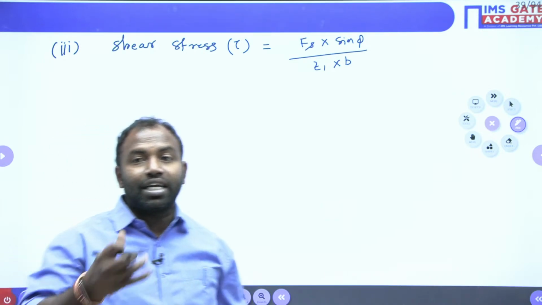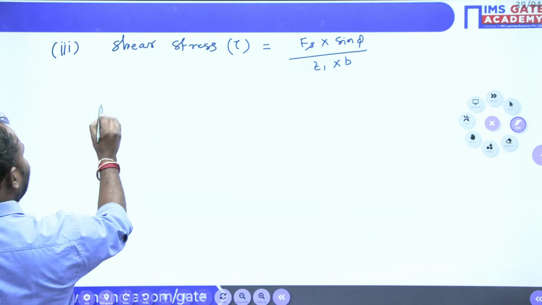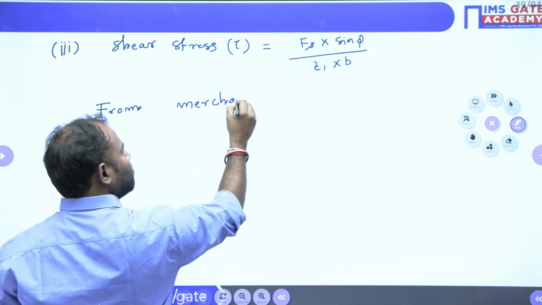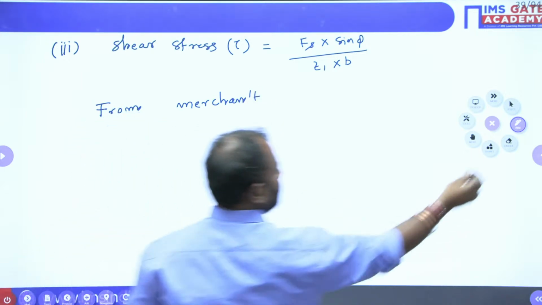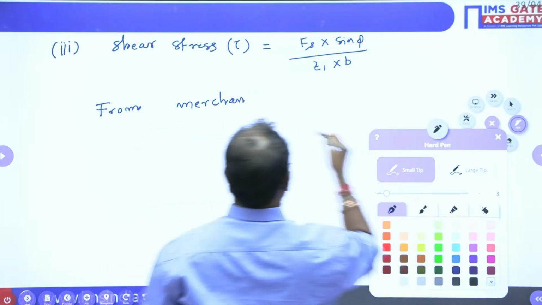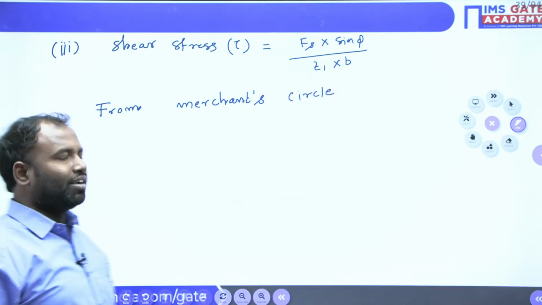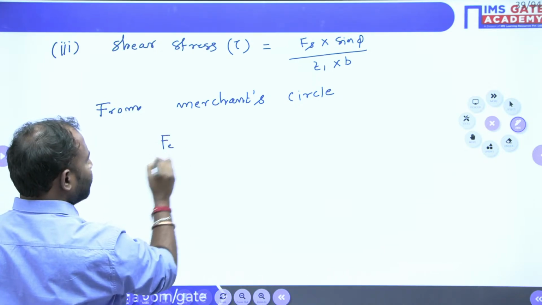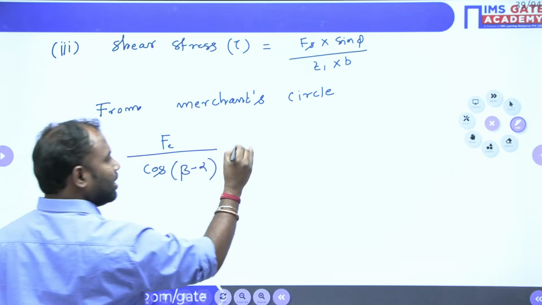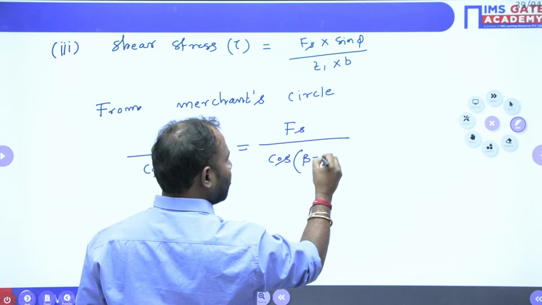From the Merchant circle, we have a relation between the cutting force and also the thrust force. The relation is: cutting force divided by cos of beta minus alpha is equal to the shear force Fs divided by cos of beta minus alpha plus phi.